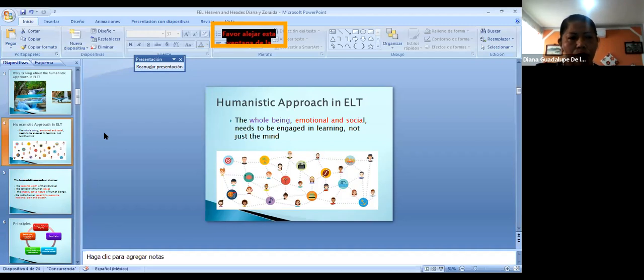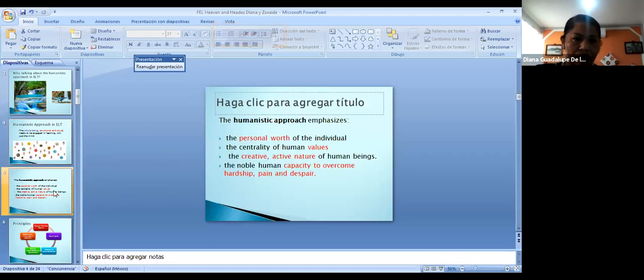When we teach a class, we should not only focus on vocabulary or long lists of grammatical structures. We need to focus on certain things such as personal worth, some values, creative things, the active nature of a human being, and the capacity to overcome hardship.